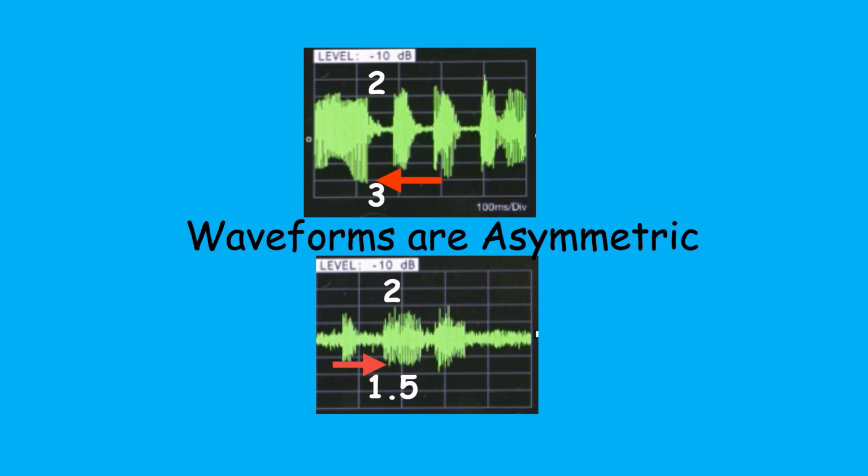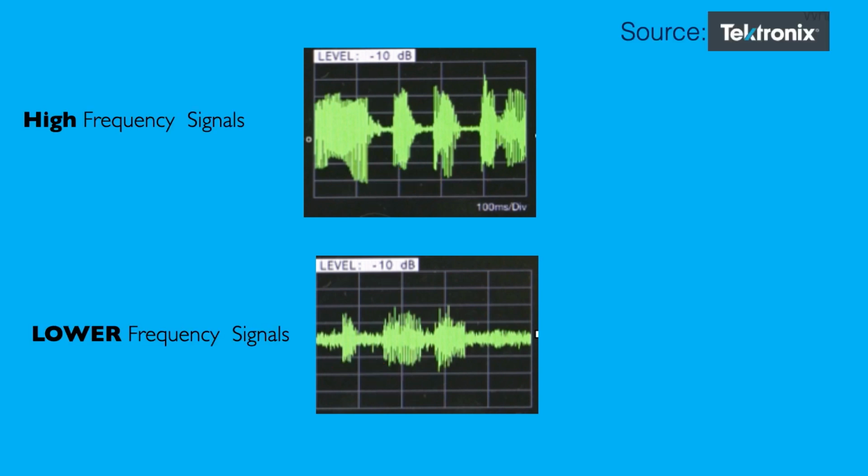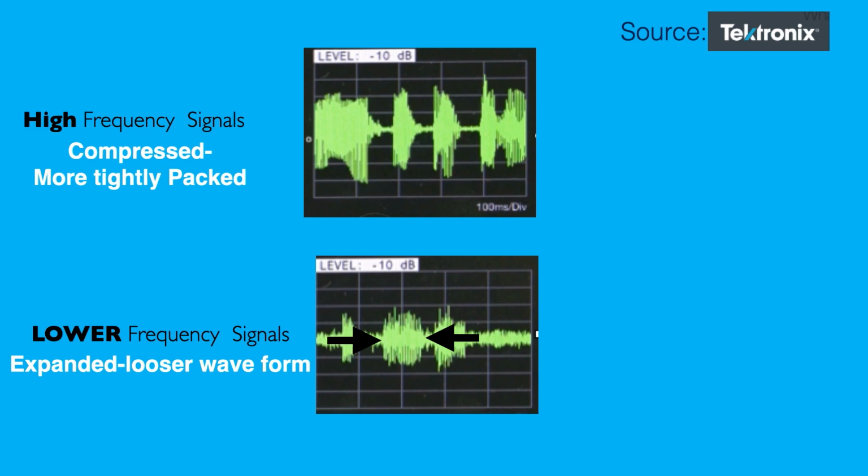I'm not totally sure. I looked at the Tektronix manual, but I swear I'm still cloudy. I don't understand it. One of you double E's come back in here and help us understand this. All right. High frequency signals, a higher voice, will appear more compressed, a more tightly packed waveform on the oscilloscope, whereas a lower frequency voice, a deeper voice, is going to be looser. It's going to be more expanded.